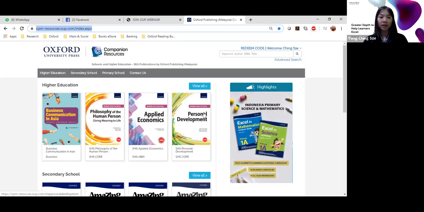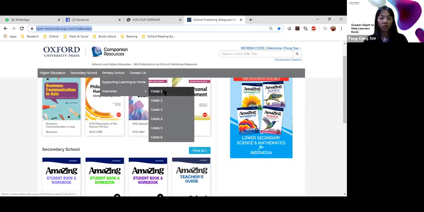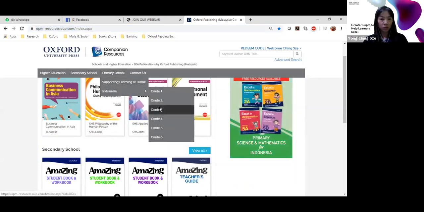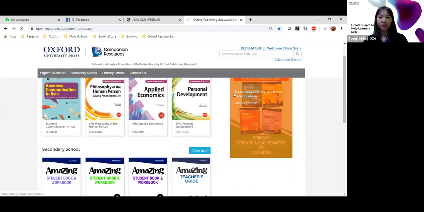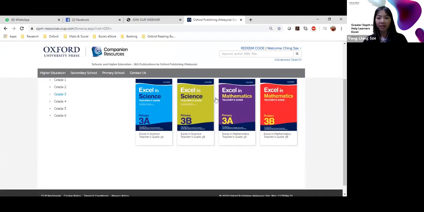This website has all the resources for you as teachers. For example, if you are a primary school teacher, these are all the titles that you have. Assuming you're a grade 3 teacher, you will be able to see these resources. You have the math and science.